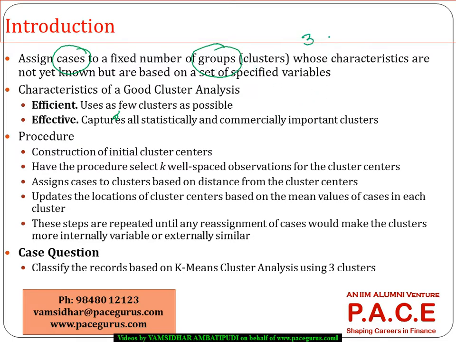So probably I can say 3 groups or 4 groups, and the prime intention being characteristics. The group's characteristics I don't know. That's the intention of any cluster analysis. The group's characteristics I don't know, but they have to be determined based on a set of variables which I identify.